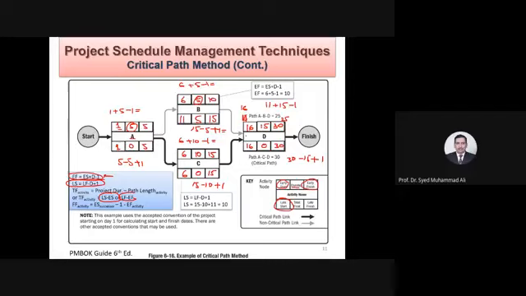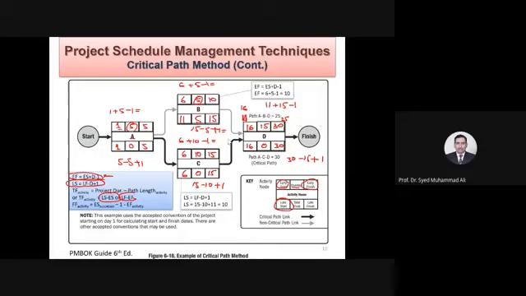Now you see one peculiar thing. The longest path is ACD, and you see on this path, the slack, the float, is 0. So this is another theoretical question to answer: what is the float on activities which fall on the critical path?